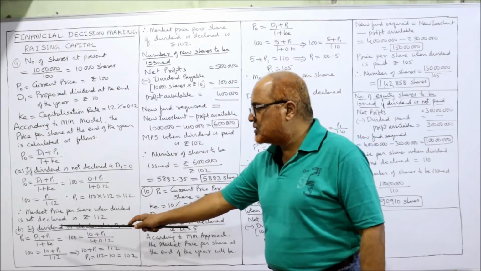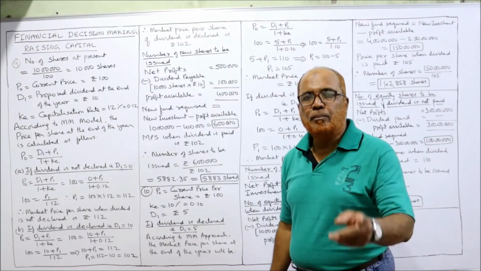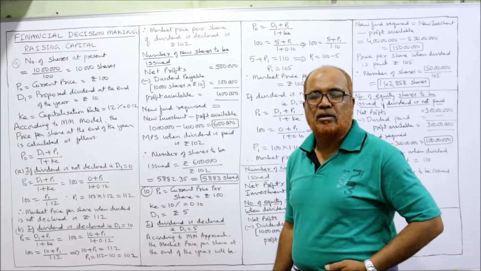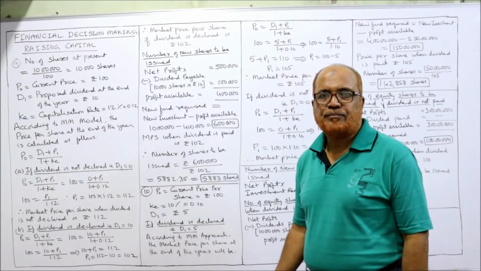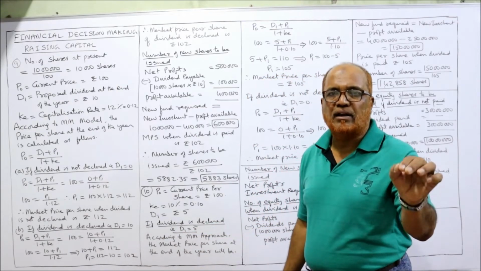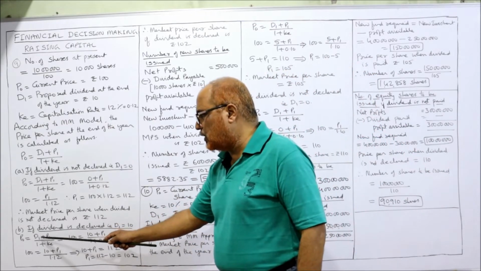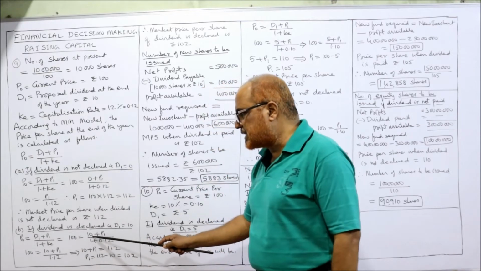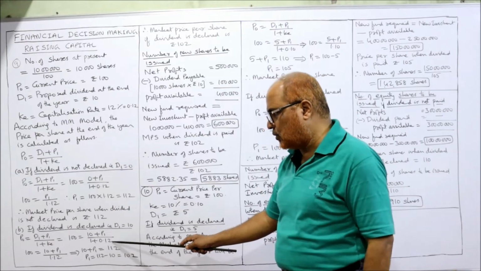Now the second situation, if dividend is declared. In both situations it is asking you to calculate the market price per share. Now dividend is declared, that is D1 is equal to 10. In place of D1, I am going to write 10. So P0 = (D1 + P1) / (1 + Ke). P0 is 100, D1 is 10 plus P1, divided by 1 plus 0.12.